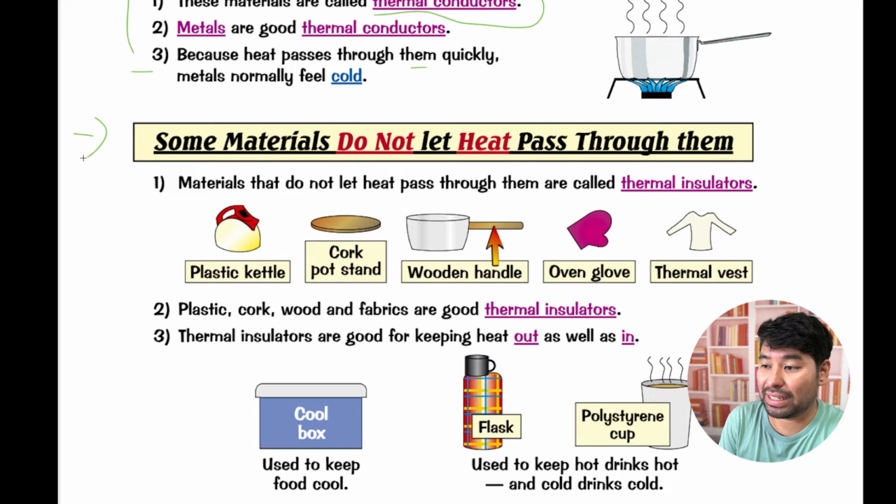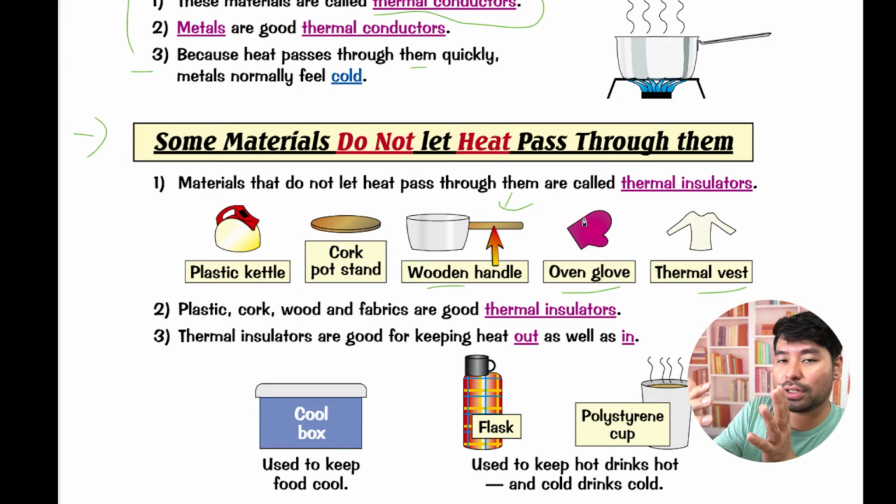Cork pot stand is where you put a pot, a pan. Wooden handle. I think by the picture it's possible to understand, right? Wooden handle. Remember that wooden é de madeira, feito de madeira, right? Oven glove. All right? And thermal vest.